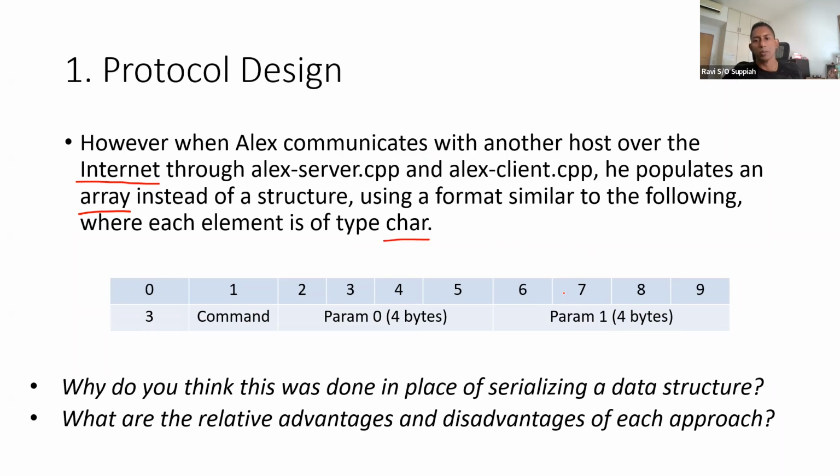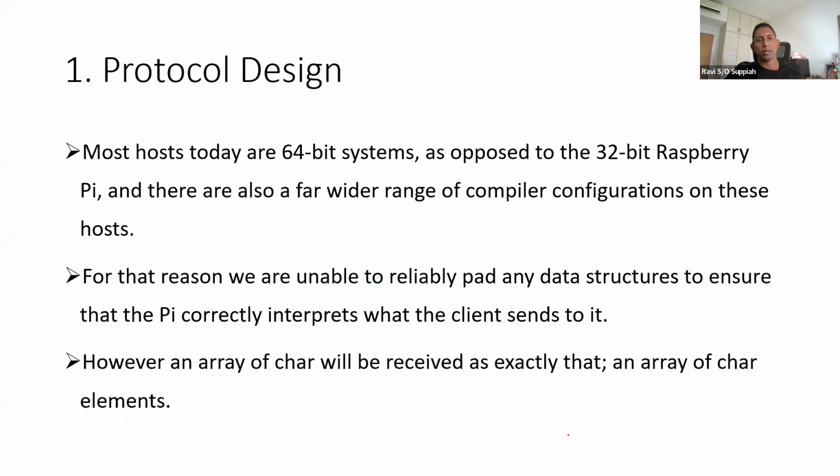So why do we want to do this? Why copy data into an array instead of a structure? What is the main difference? The reason comes back to the unreliability of exactly how many bit systems we may be dealing with.